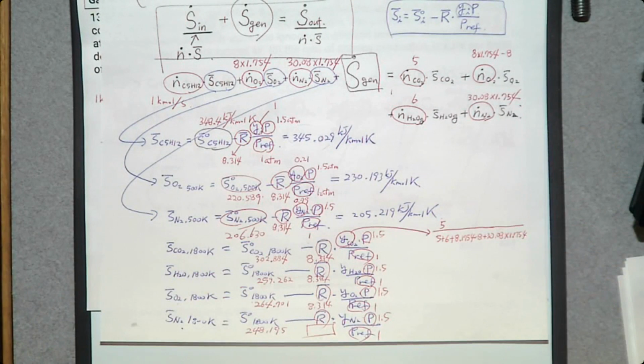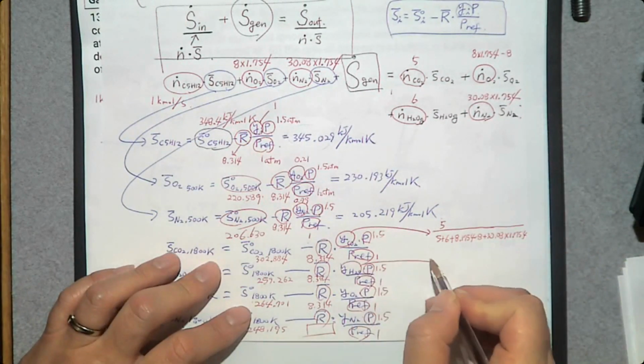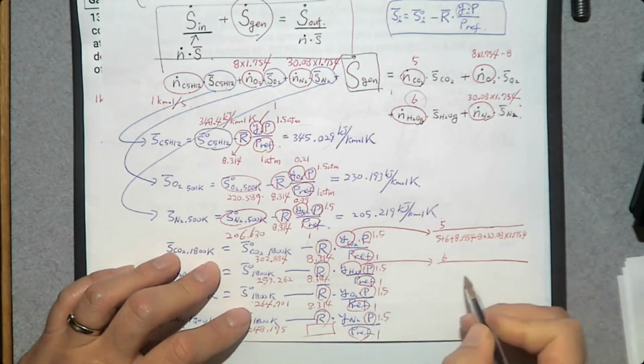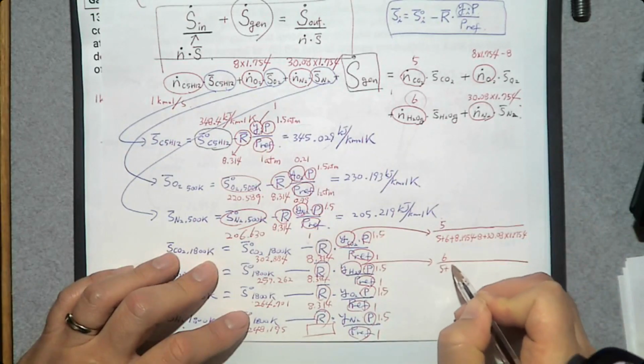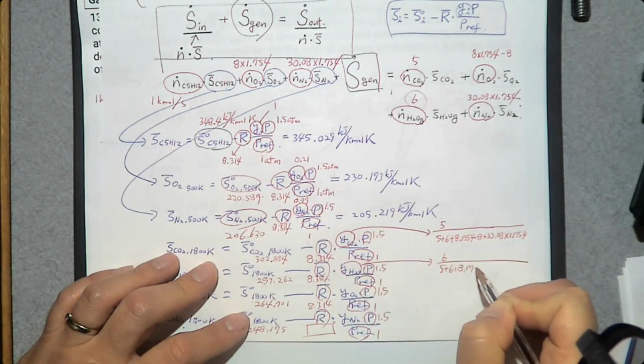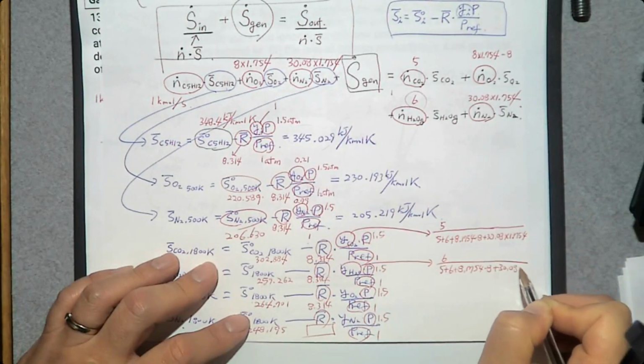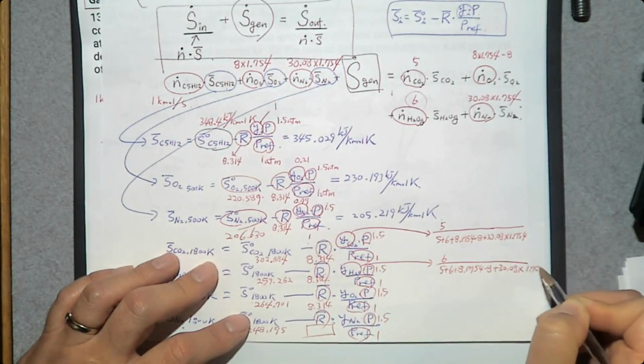You don't like this problem, right? Me neither. So water, 6 divided by 5 plus 6 plus (8.1754 minus 8) plus 30.08 times 1.754.